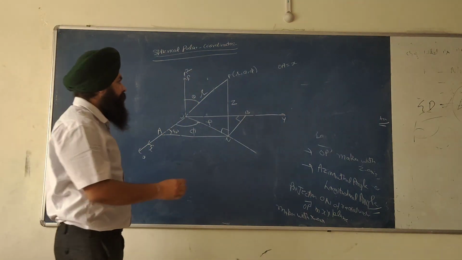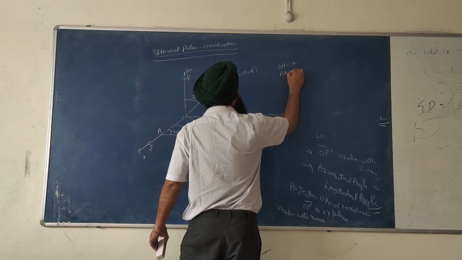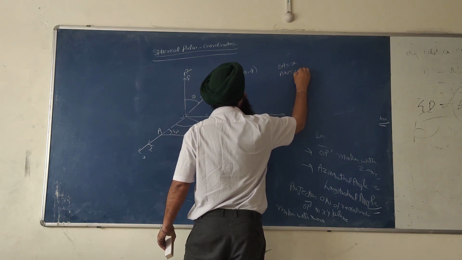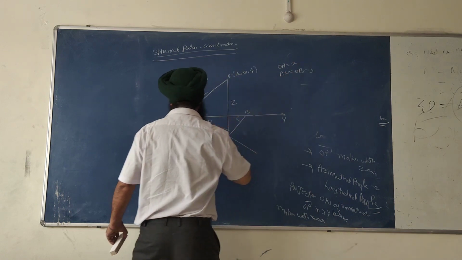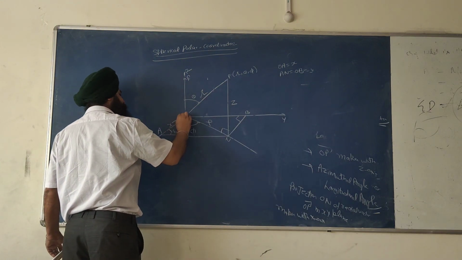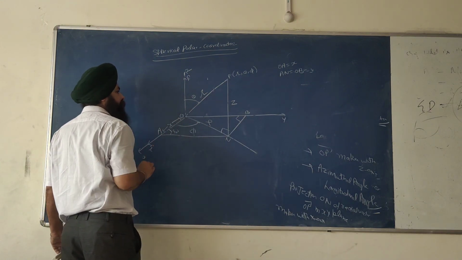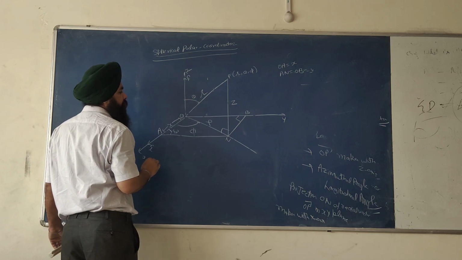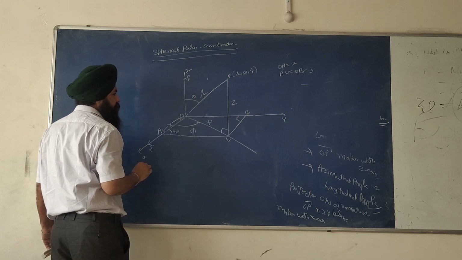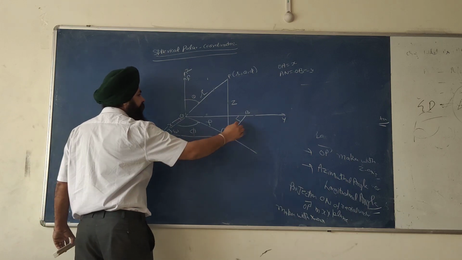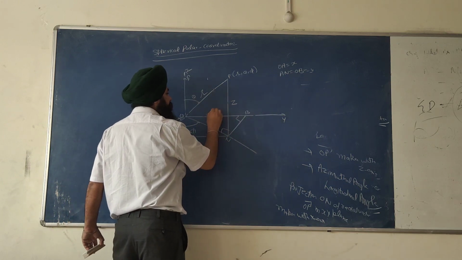AN is equal to OB. AN is equal to OB is equal to y. See, this is OA, this is x, and OB is y. This is y.